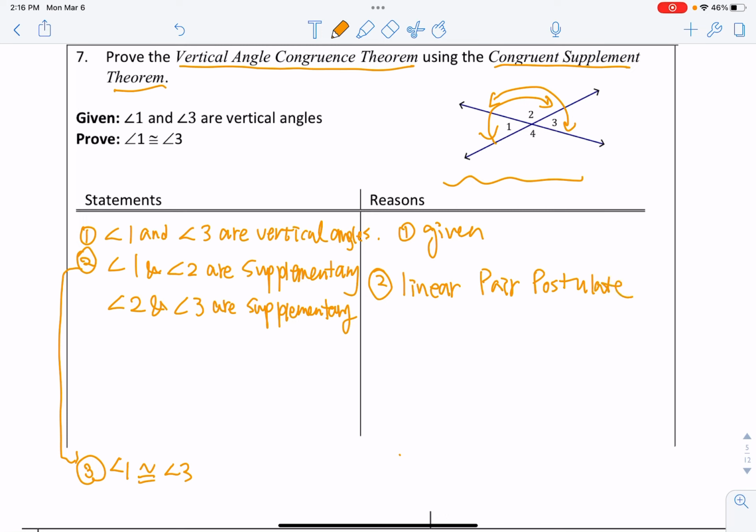And you can conclude, since angle 1 and angle 3 are supplementary to the same angle, angle 1 and 3 are congruent. This one we call the congruent supplement theorem.